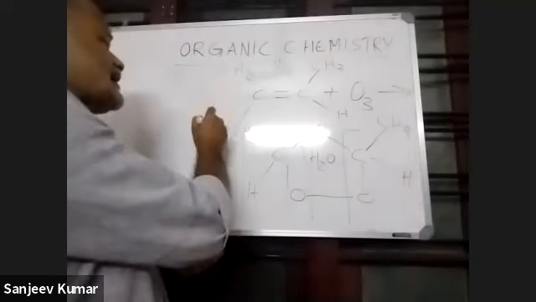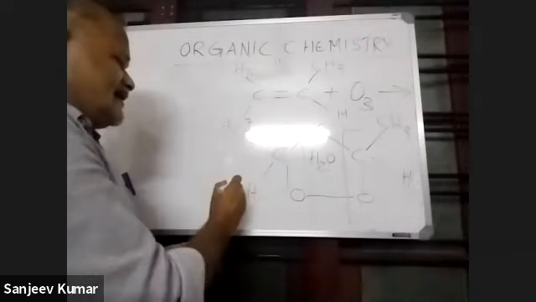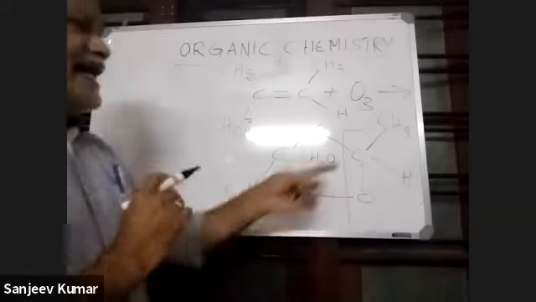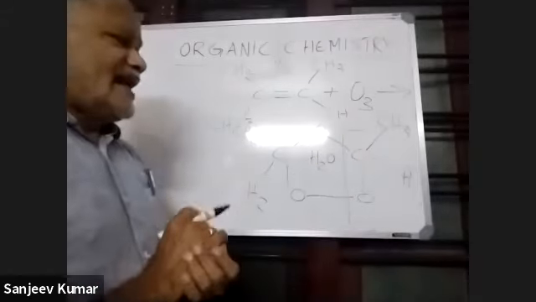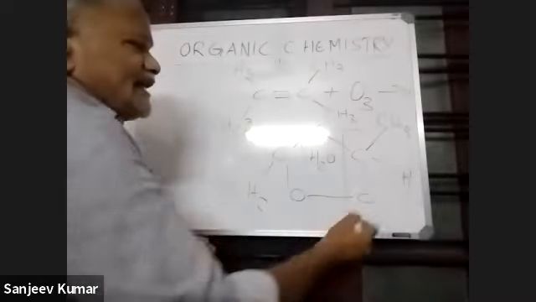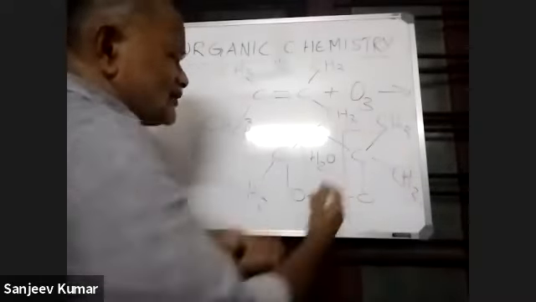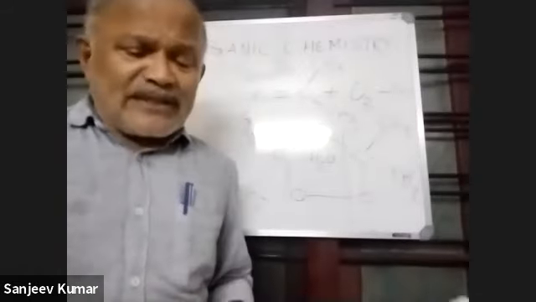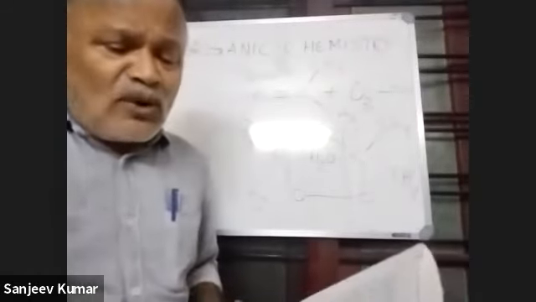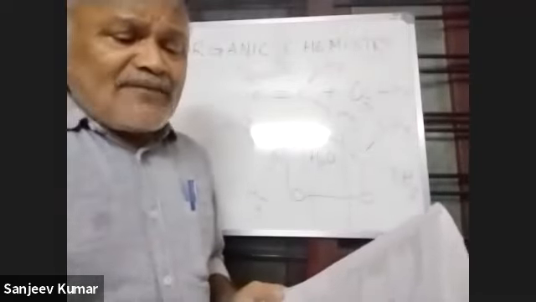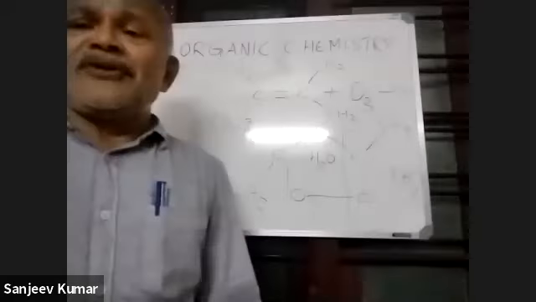If it is 2-methyl butene, then you get CH3COCH3, acetone, and ethanal or acetaldehyde. And if it is 2,3-dimethyl butene, then you get two molecules of acetone, and that is the product of ozonolysis. 1 mole of an alkene on ozonolysis gives 2 moles of a ketone having the molecular mass of 58 u.